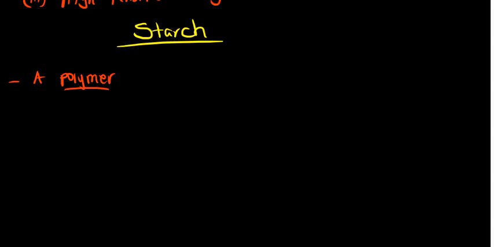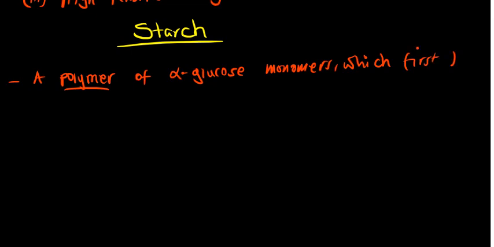So a polymer of alpha glucose monomers, which first join to form maltose. Remember, we looked at maltose. So this is a disaccharide of two glucose monomers.